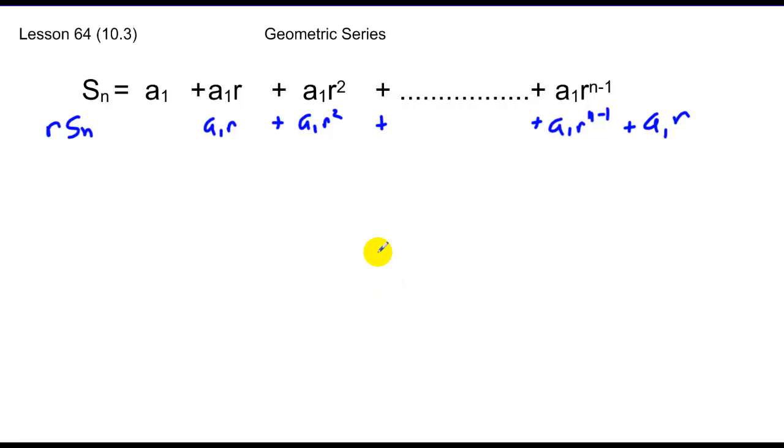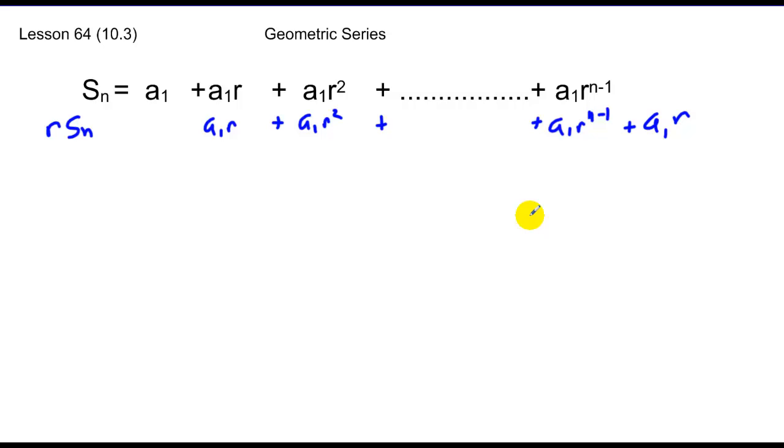And now he noticed, hey, I've got a lot of the same things stacked up underneath each other, kind of like he did with the arithmetic, but he had these extra two terms, so he couldn't use the same kind of formulation as he did earlier.